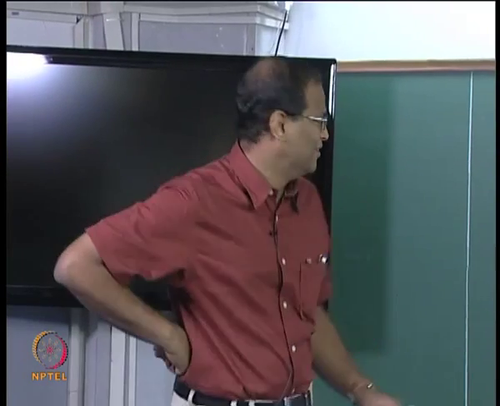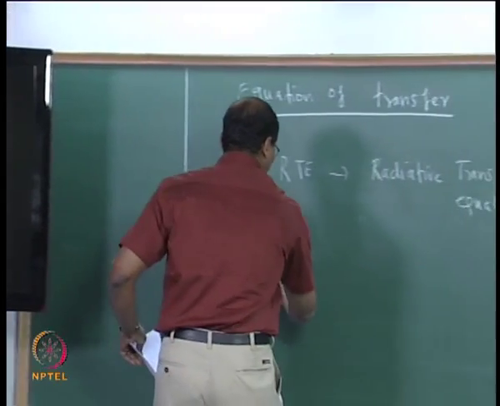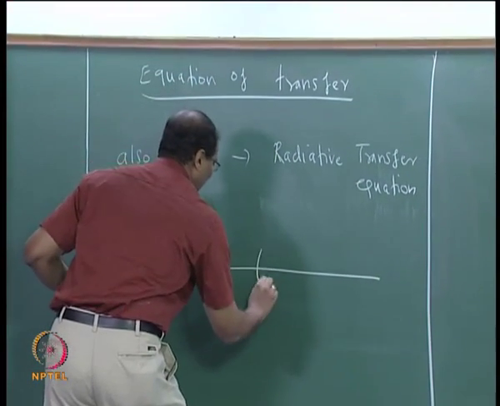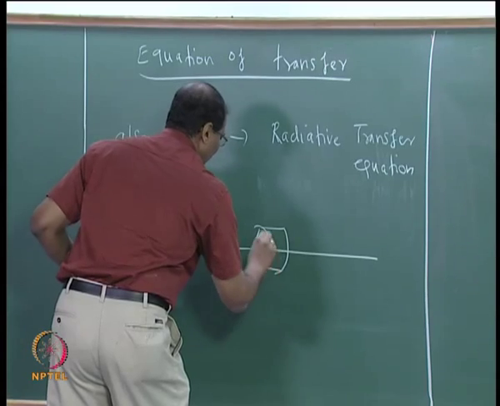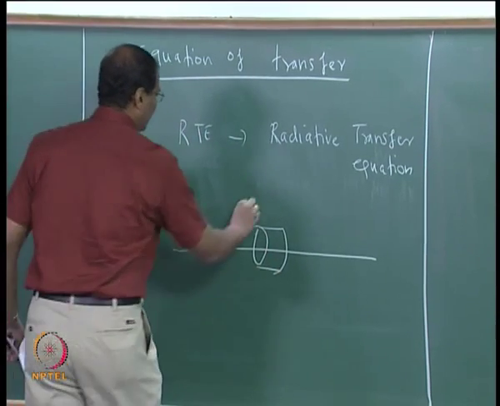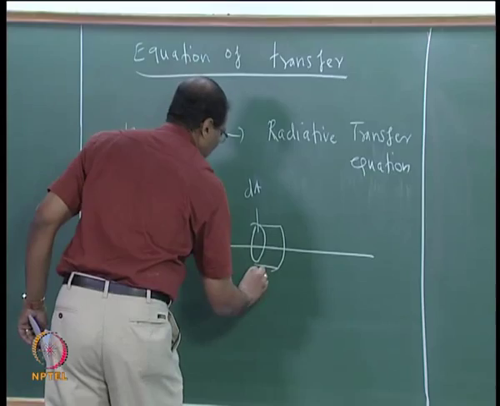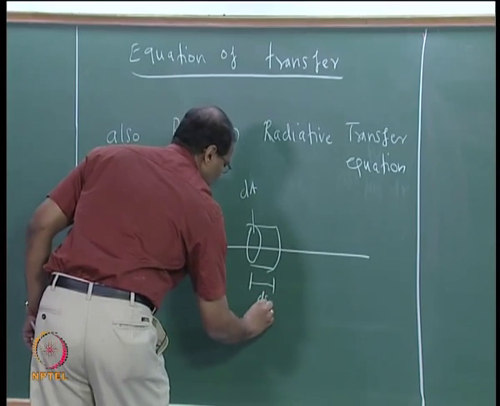Okay, now let us consider this gas volume, cross sectional area is dA, this is ds.